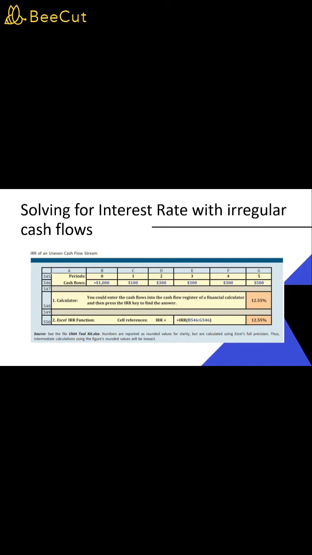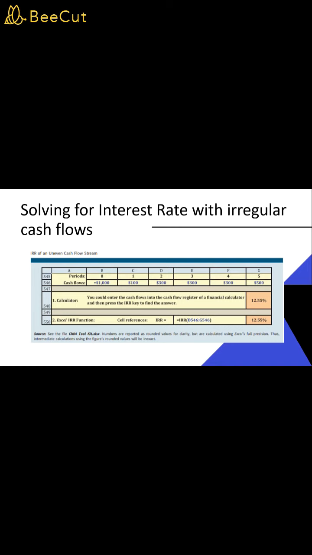And let's say you wanted to find out the interest rate that you are earning based on this particular transaction, or what is the internal rate of return? Well, you can do that by using the functionality IRR in Excel. You would press equals IRR bracket, the first negative cash flow, 1,000, comma 100, comma 300, 300, 300, 500, close the bracket and enter.